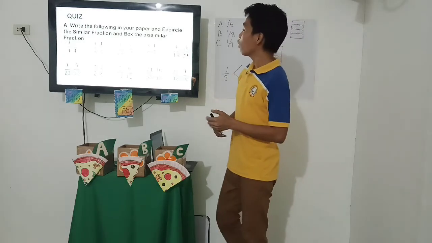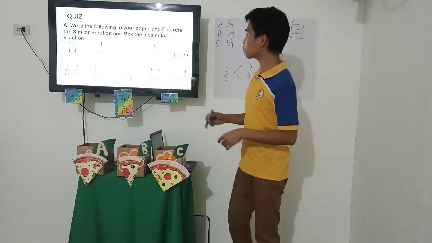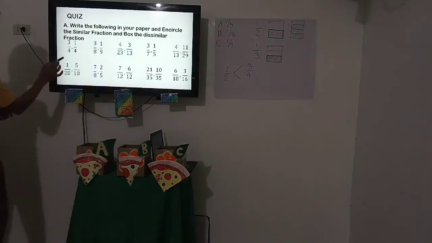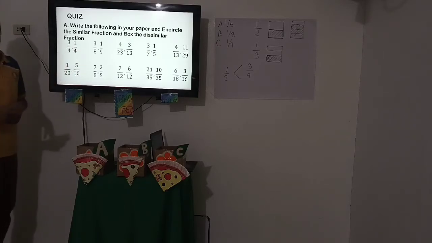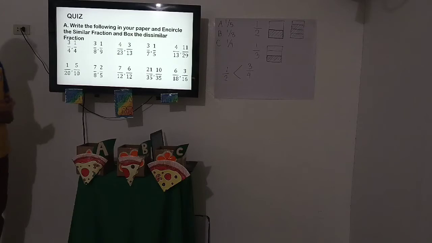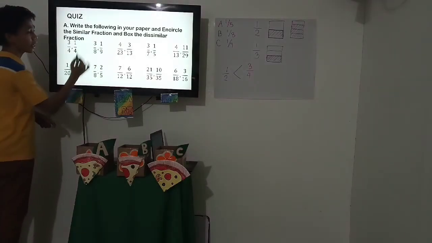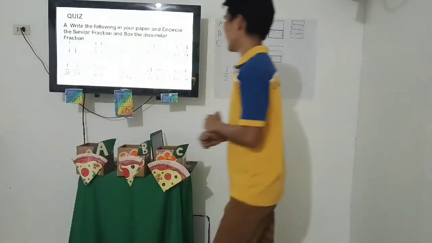We will encircle the similar fraction. If the fractions have the same denominator, just like this one, then we will encircle it. And if the fractions have a different denominator, then we will box it. Understand? Yes, sir. Okay.